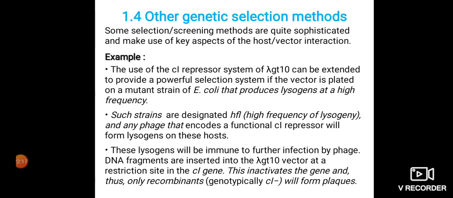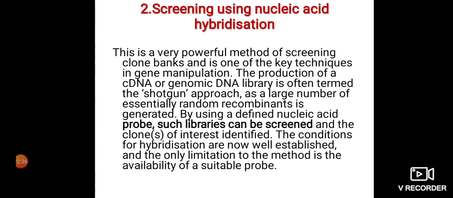People go for high frequency of lysogeny in E. coli as one of the methods, and such strains are called HFL strains, high frequency of lysogens. That characteristic is used for screening. And there is one more, called the Spi phenotype, which is based on the red and gam genes in the case of lambda phages. That is also one of the methods people employ for screening.